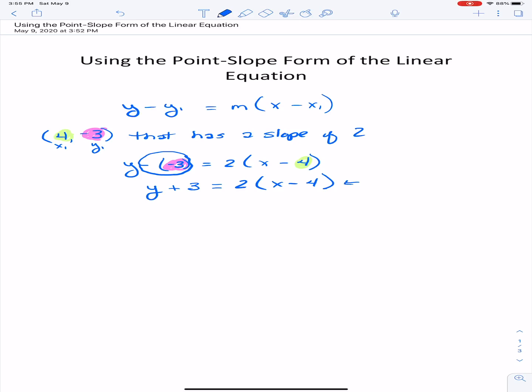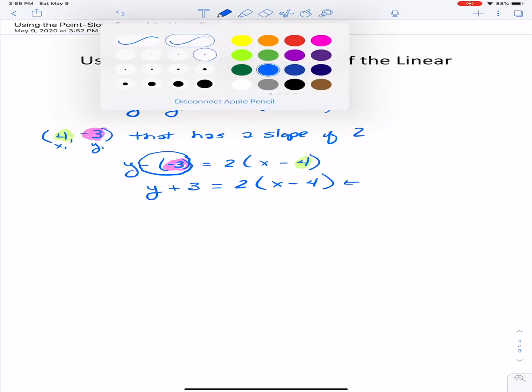Now, if your directions say, or your teacher says, that you need to use the point-slope form to write an equation in the slope-intercept form, we can do that as well. We can actually take this equation and we can rewrite it solving for y. So let's do this. Now we're going to write this in the slope-intercept form.